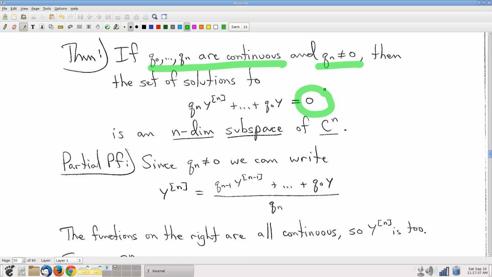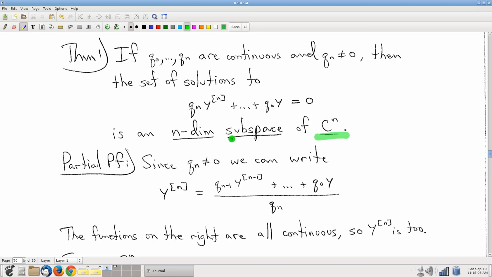And of course this does satisfy the continuity requirement, because the 0 function is continuous. Okay. So what this theorem says is that if those conditions are satisfied, in other words, for any homogeneous differential equation satisfying the conditions of the existence and uniqueness theorem, every solution is a Cn function, namely it's n times differentiable and the nth derivative is continuous.